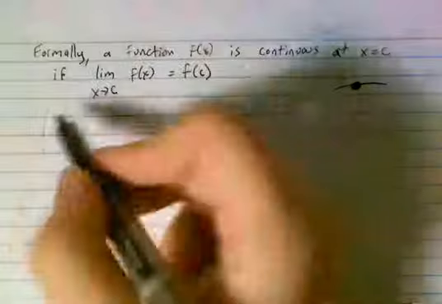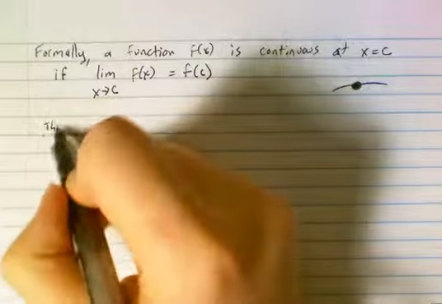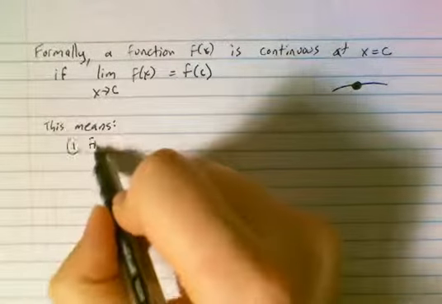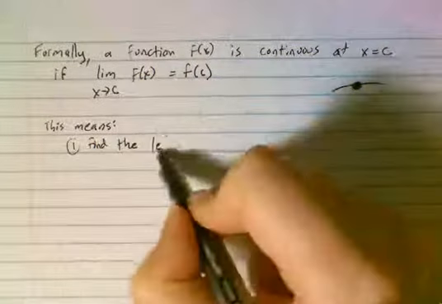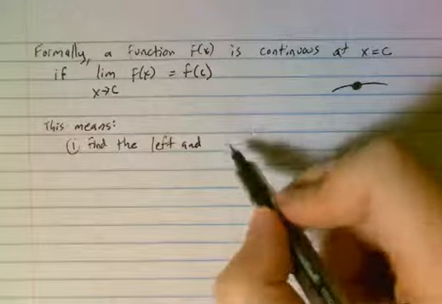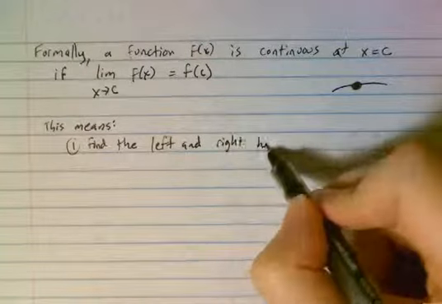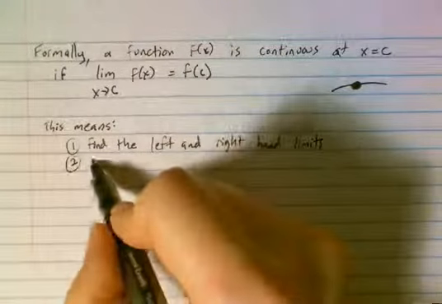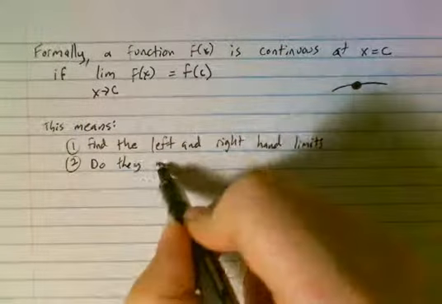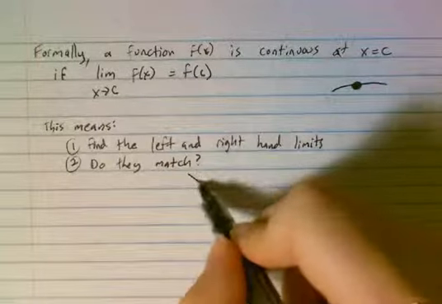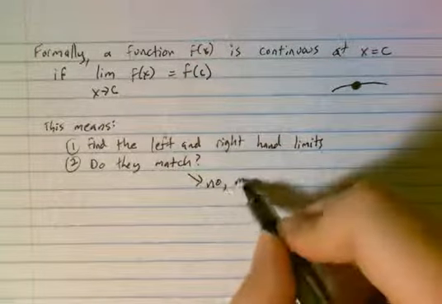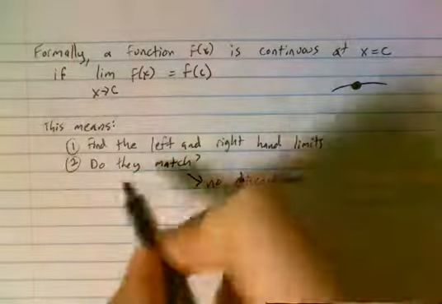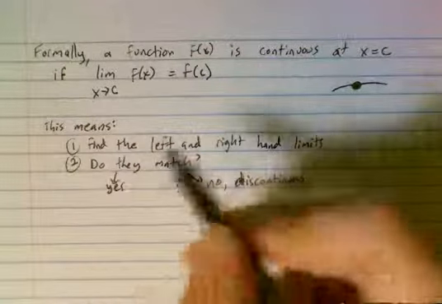So let's write down our procedure for finding this. First thing we're going to do is find the left and right hand limits. Second, we're going to compare them. Do they match? No. That means it's discontinuous. Yes.